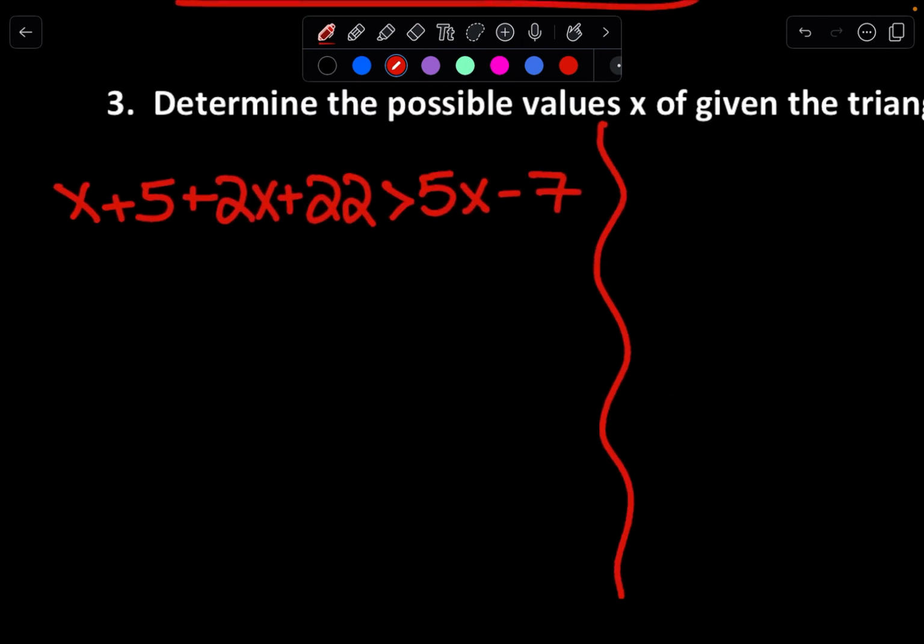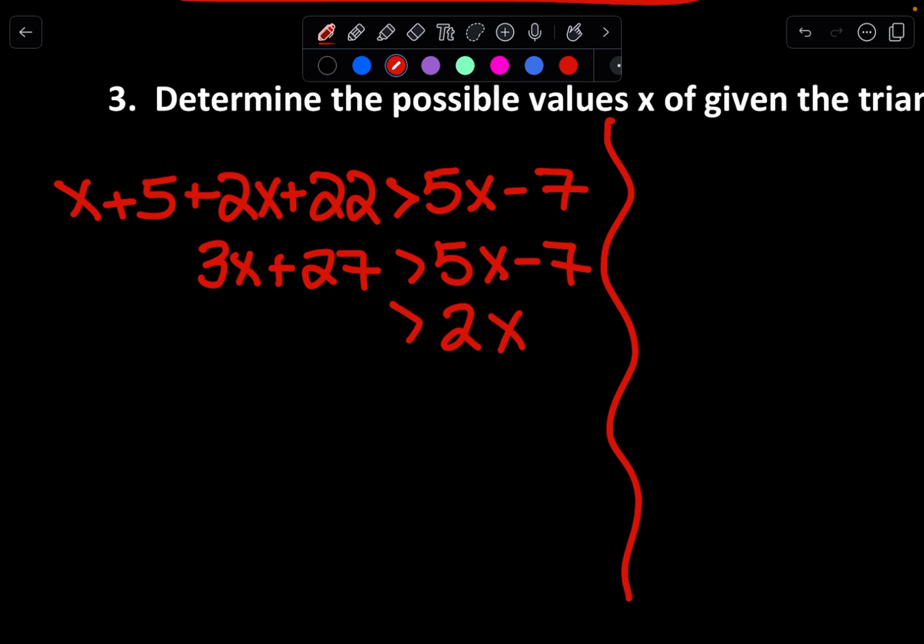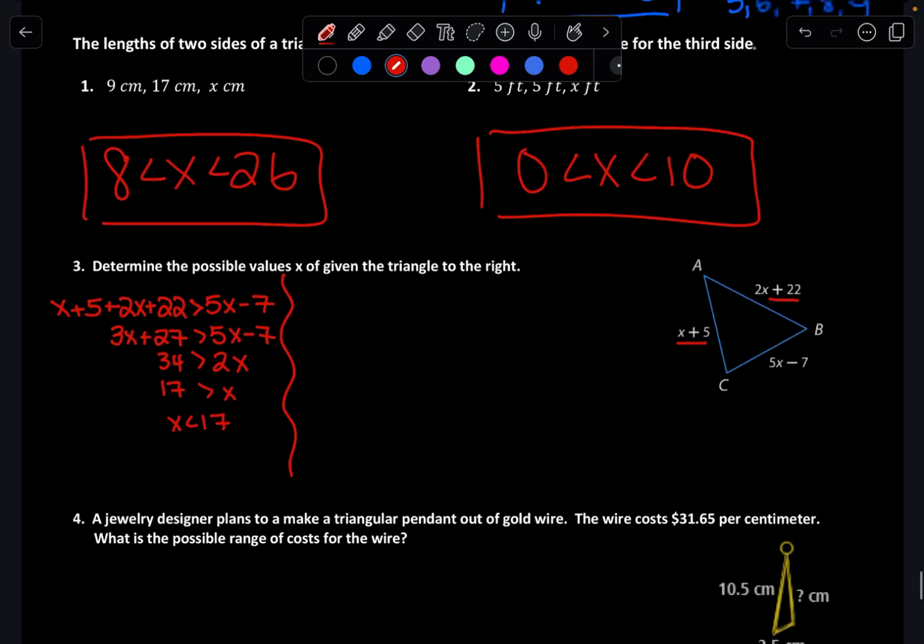If I solve this, this would give me 3x plus 27, which has to be bigger than 5x minus 7. So when I solve, this would be 2x and 34. So x has to be less than 17, right? So 17 is the biggest value that x could be, okay?